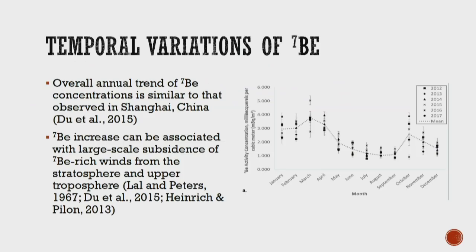Now, to further explain, the results of our study show similarities with that observed on depositional fluxes in Shanghai, China, wherein you see high beryllium-7 concentrations during the months of January to April, during late winter to spring, followed by a decrease during the summer, and another increase in beryllium-7 concentration during the fall.